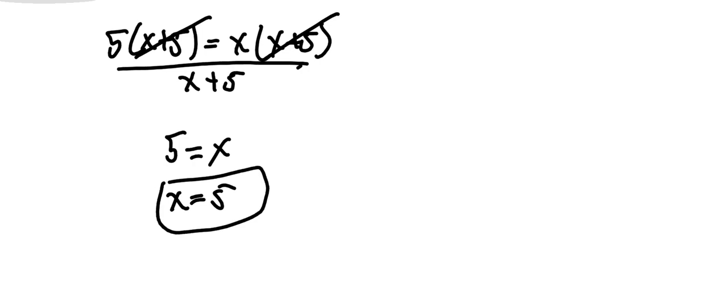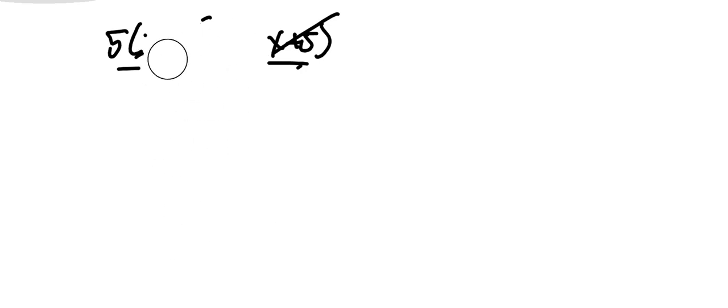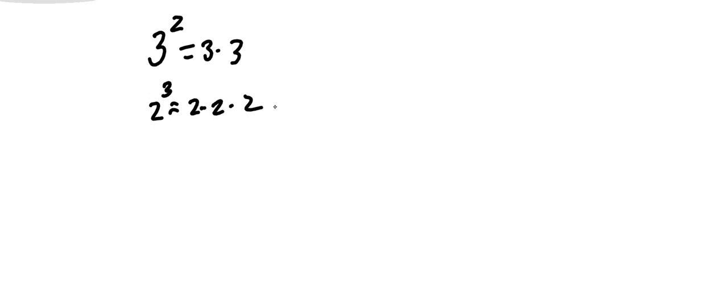To that specific problem. Now, let's deal with squares. So you learned in arithmetic, or previous math courses, that a number squared, like 3 squared, is equal to 3 times 3. Or a cube, known as like 2 to the third, is equal to 2 times 2 times 2. So we're going to use that in solving equations.